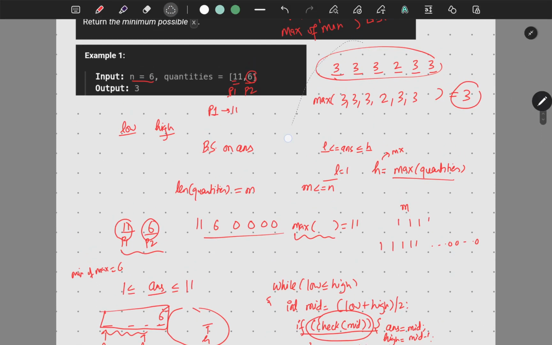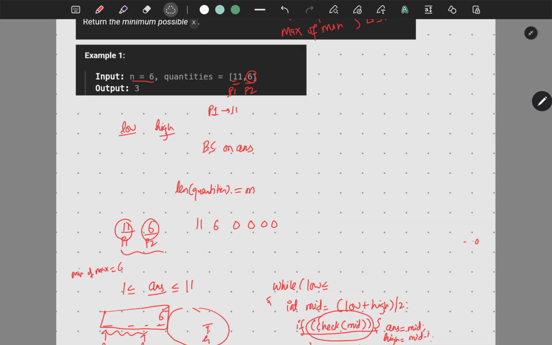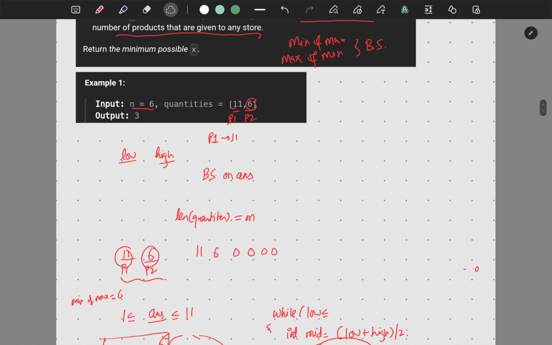Okay, so let's see. Now we want to check whether a particular answer is possible or not. And how can we do that? So let's say we want to check whether 6 is possible or not.